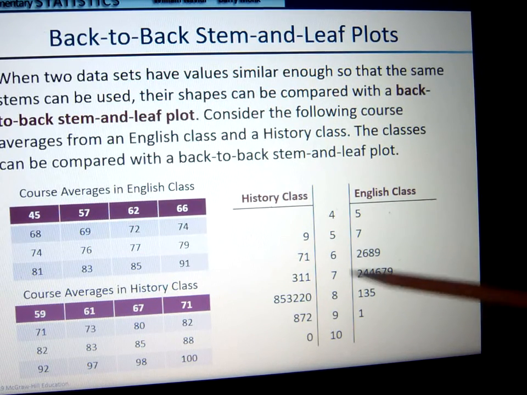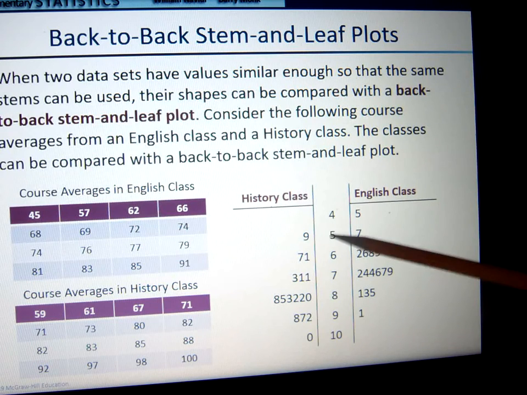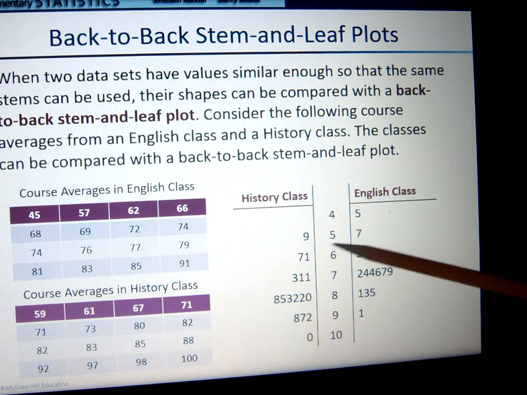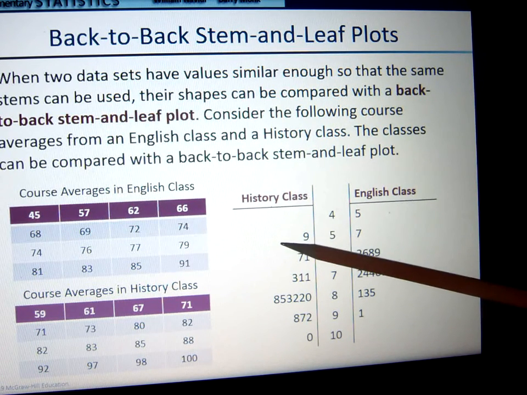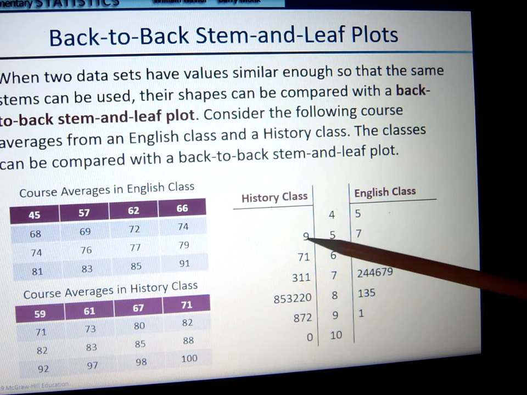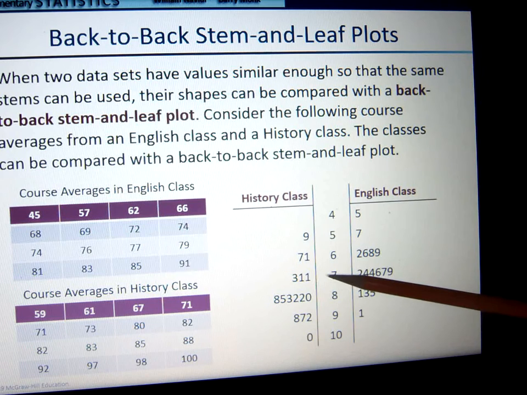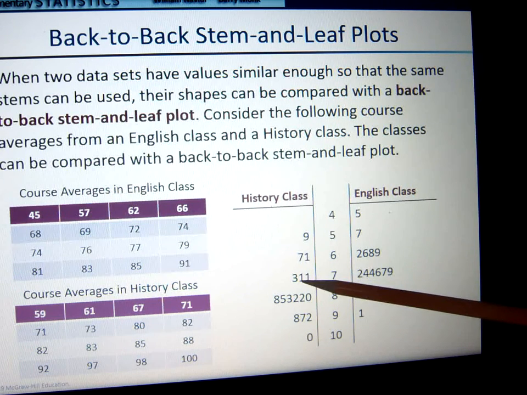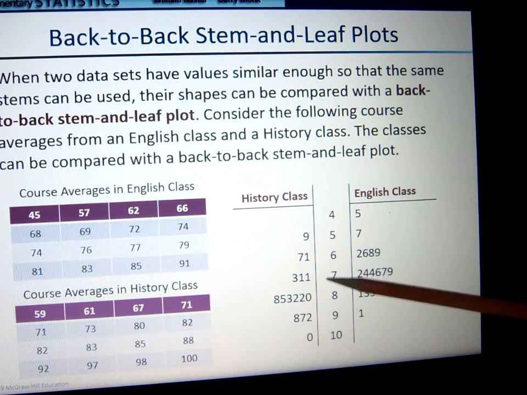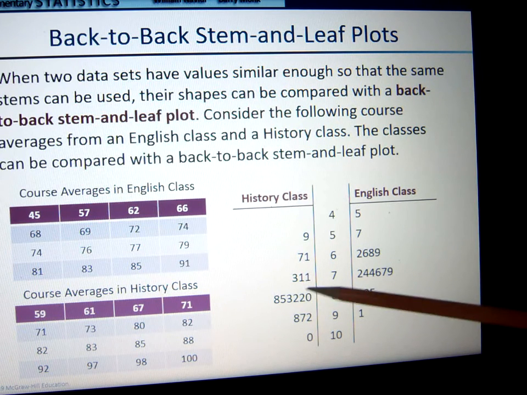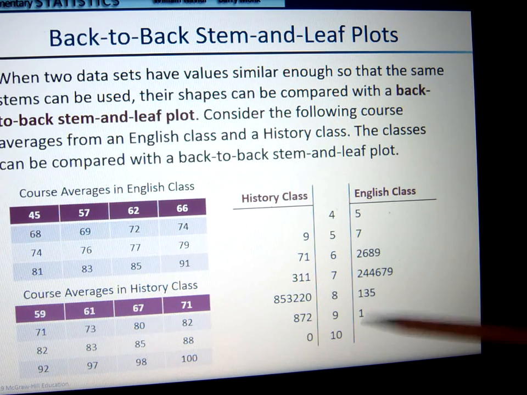So I have my English class here. Now I'm going to jump over to my history class, and it goes in the opposite direction. So this is 59, 61, 67, 71, 71, 73. So it's very important that you're going from the inside out. Inside out. Okay?